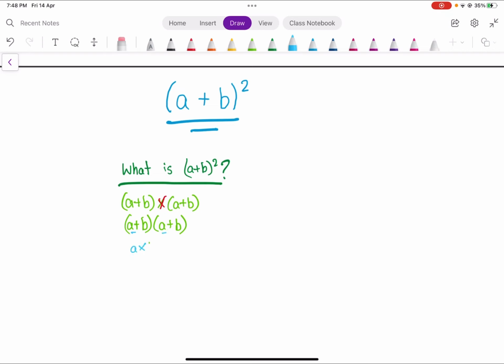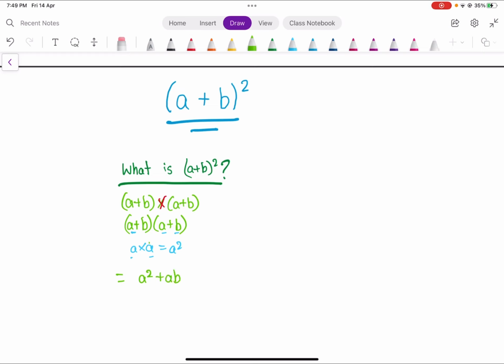A times a is a squared because we're multiplying one thing by itself. So we're going to write down a squared, and then what is a times b? A times b is ab, so a squared plus ab.